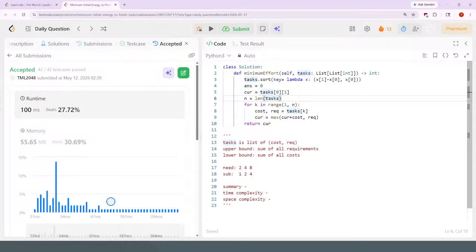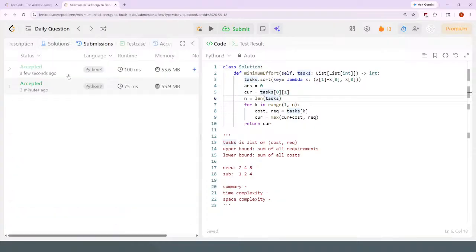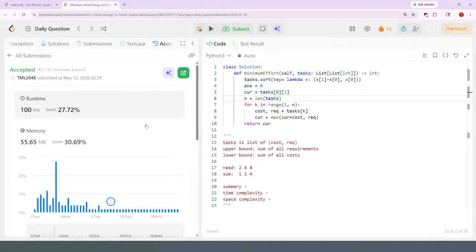Well, fuck me. Same exact runtime. Pretty much. Actually, the last one was actually faster for some reason. Okay. I mean, I think I need to sort. No? Am I wrong?